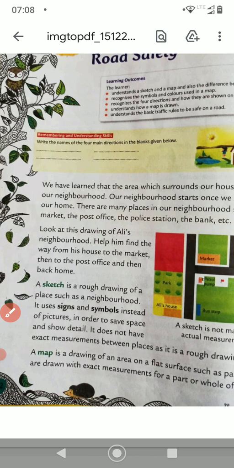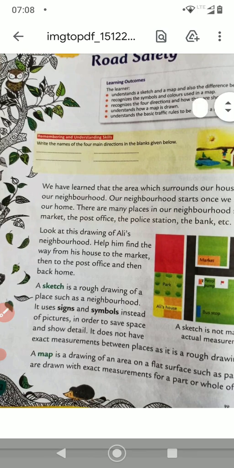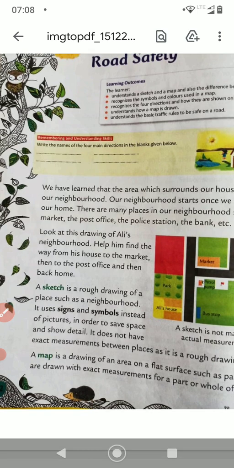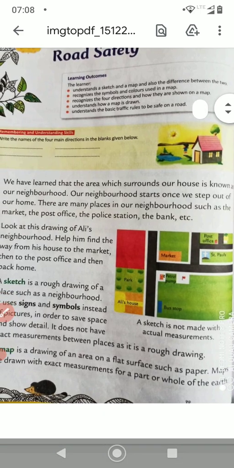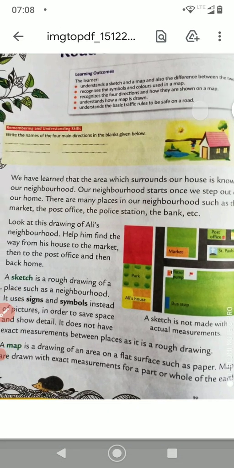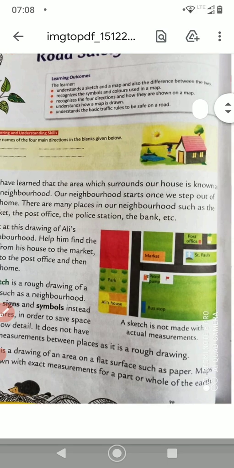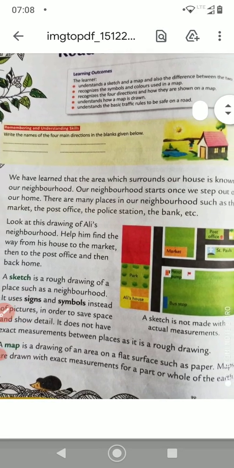Moving ahead. We have learned that the area which surrounds our house is known as our neighborhood. Around our houses there are many more houses. They are called neighborhood. Our neighborhood starts once we step out of our home.